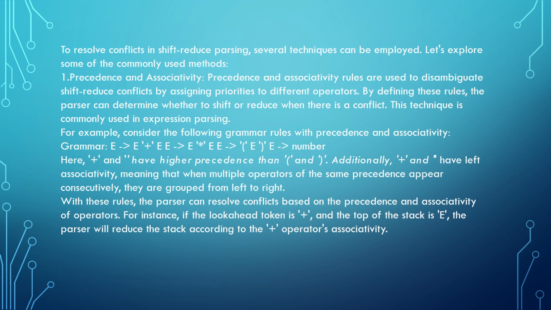Here plus and star have higher precedence, and additionally plus and star have left associativity, meaning that when multiple operators of the same precedence appear consecutively, they are grouped from left to right. With these rules, the parser can resolve conflicts based on the precedence and associativity of operators. For instance, if the lookahead token is plus and the top of the stack is E, the parser will reduce the stack according to the plus operator's associativity.